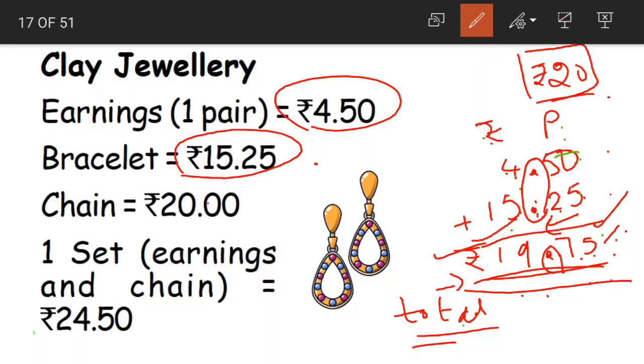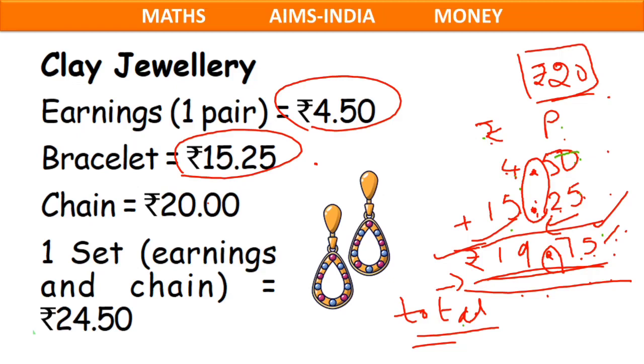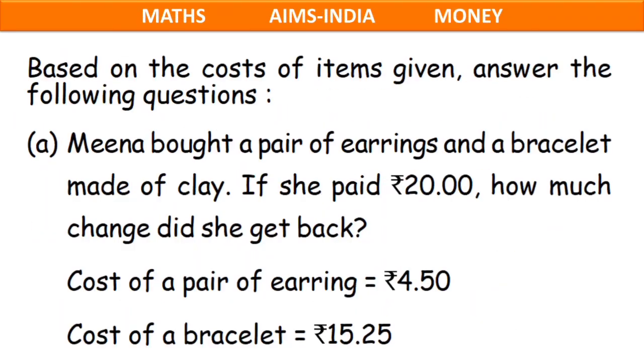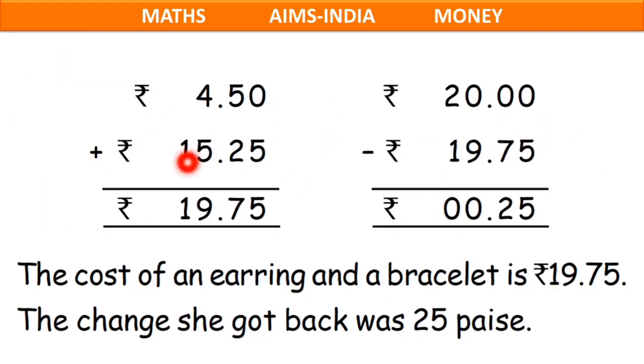In this single sum we have learned how to add and subtract money. Now let us look at our next question. See here, what did they do? They added the amounts, and from the total money she gave, we subtracted the total cost of the items. Yes, so the answer is 25 paise.